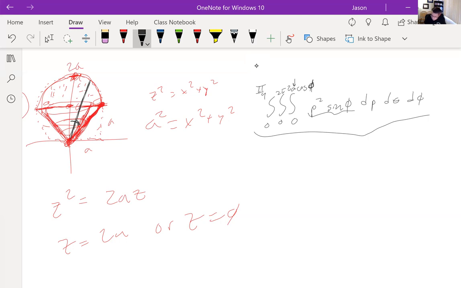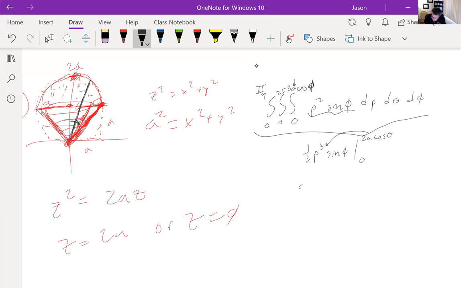Once you integrate this with respect to rho, it's just 1/3 rho cubed sine phi, and then you plug in 2a cosine phi and 0 for rho. Once you plug this 2a in, it just becomes cubed.